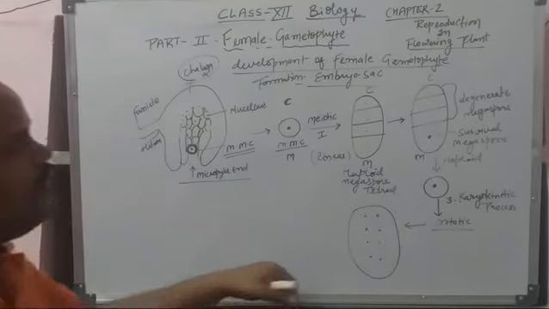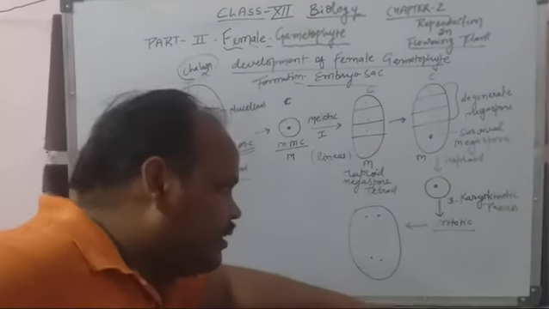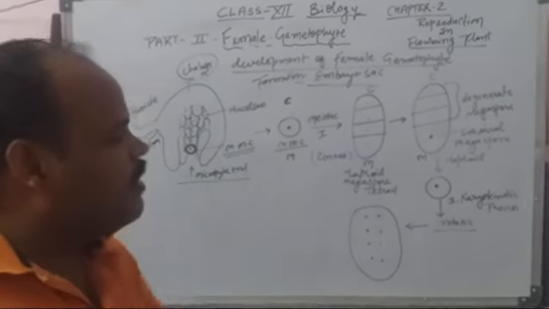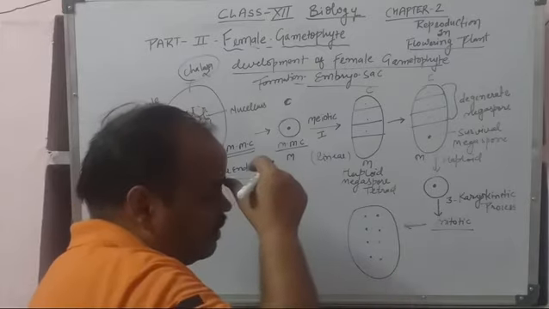There is the formation of an 8-nucleate cell by mitotic division through the karyokinetic process.